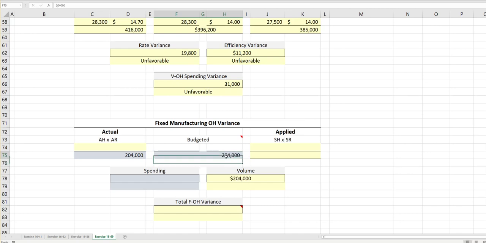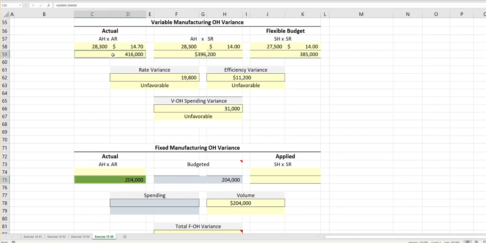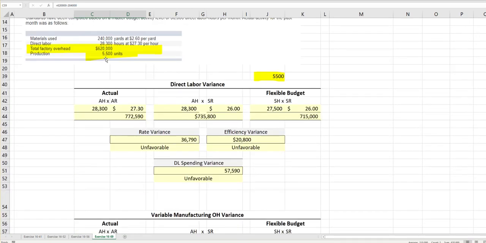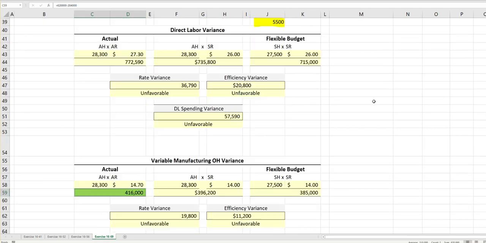This number really was just sort of a guess. We used this to back into that number as well. If we had picked a different number for our actual fixed, the other number would have been different as well. All we were told was that in total, our overall total factory overhead was 620.